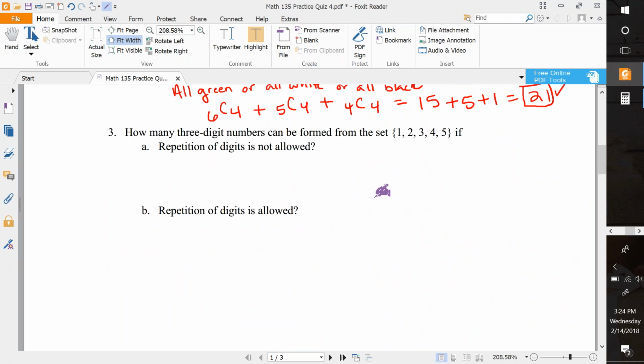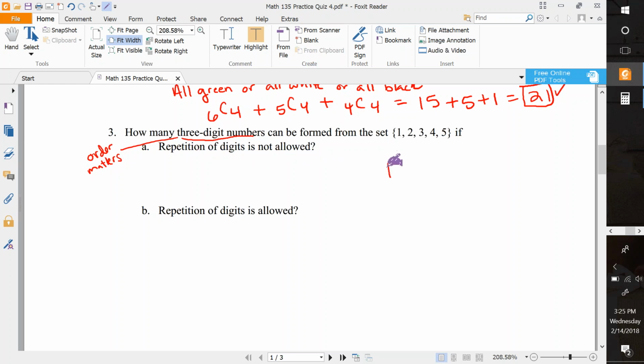It says how many 3-digit numbers can be formed from the set 1, 2, 3, 4, 5 if repetition of digits is not allowed? Since it's a 3-digit number, that means the order matters. Since there's no repetition allowed, you could do this as a shortcut of a permutation.